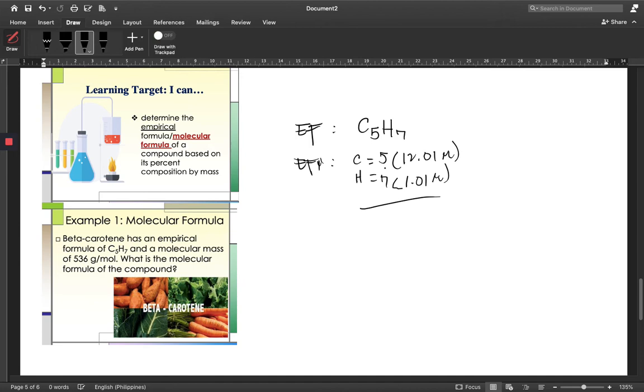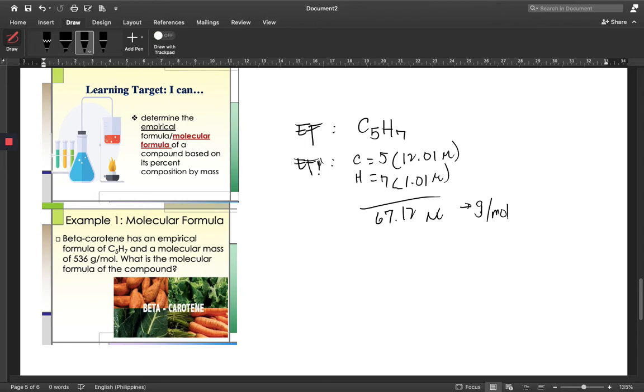Okay, so that's 5 times 12.01 plus 7 times 1.01. Okay, we have a total of 67.12 mu, atomic mass units, or we can just report this directly as our grams per mole, right? We know that they are numerically equivalent.